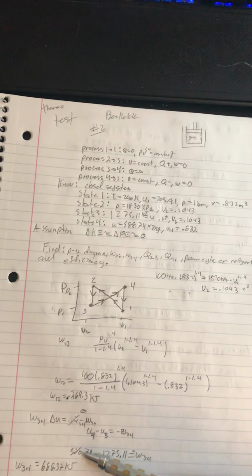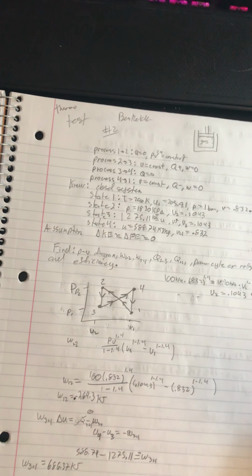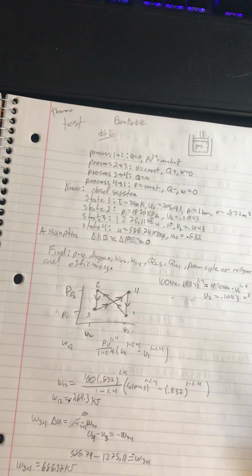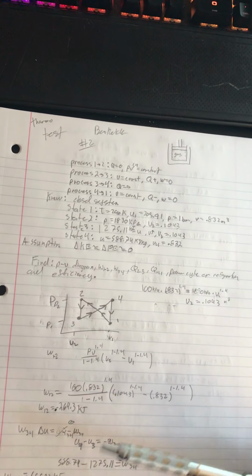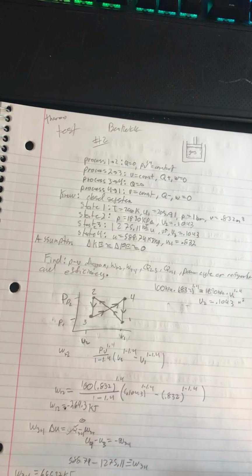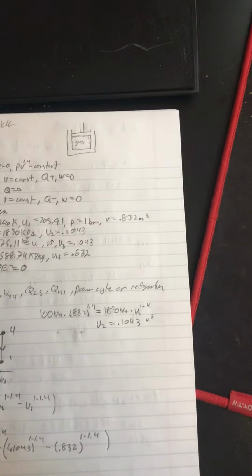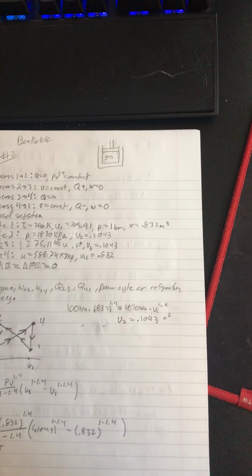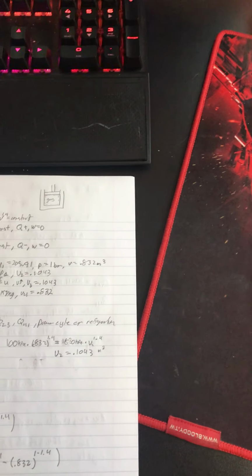And then you can do U4 minus U3 is equal to negative work of 3-4, given by the energy conservation equation. I just found U4 and U3, subtracted them, got the negative work, and I got 686.37 kilojoules of work.